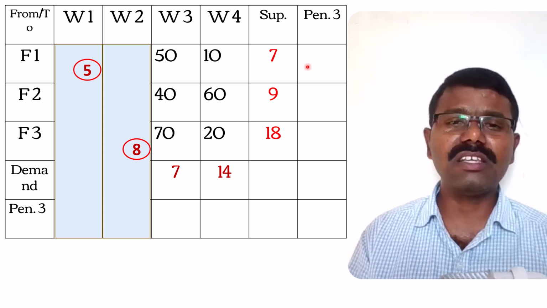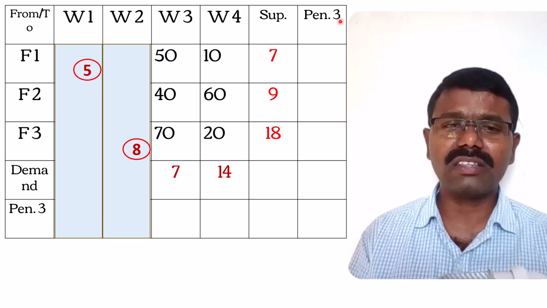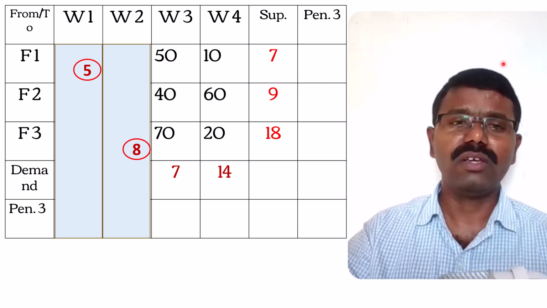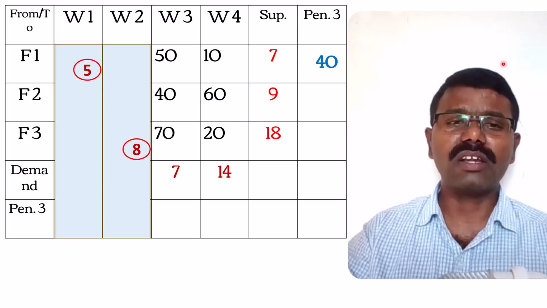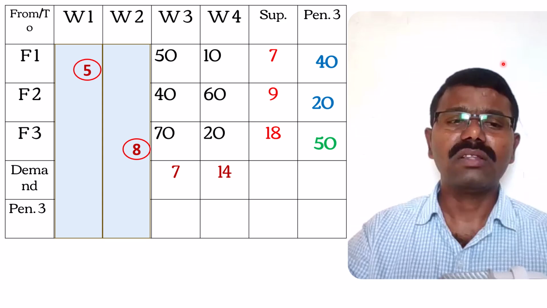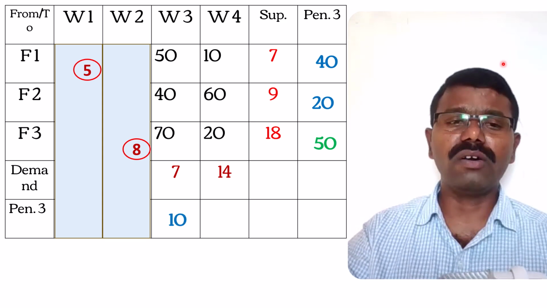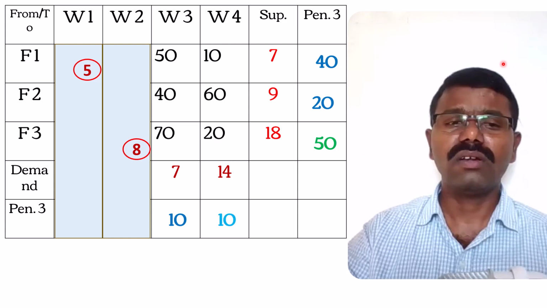Again let us call this penalty 3. Again it will be the difference between these two least costs. So now only two values are there, the difference will become the penalty. So 50 minus 40, that is 10, 60 minus 40, 20, 70 minus 20, 50, and column wise if you see the penalty, that is 50 minus 40, 10, and 20 minus 10, 10.